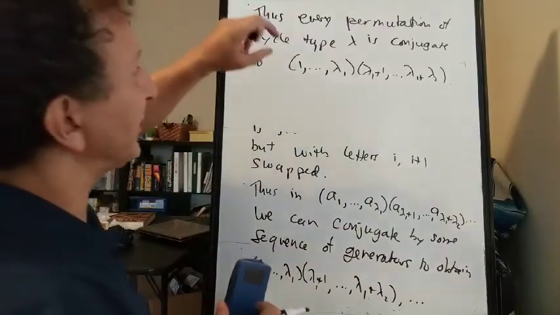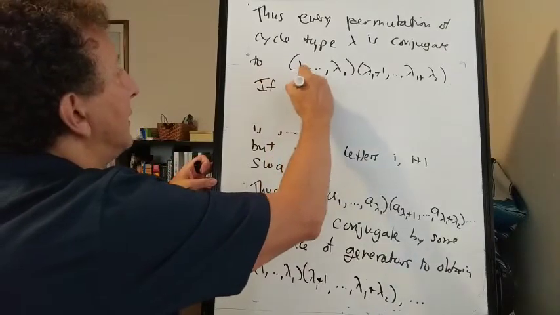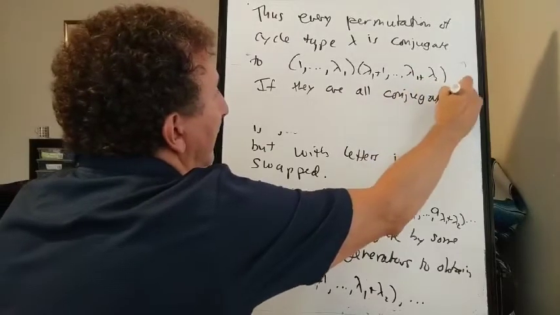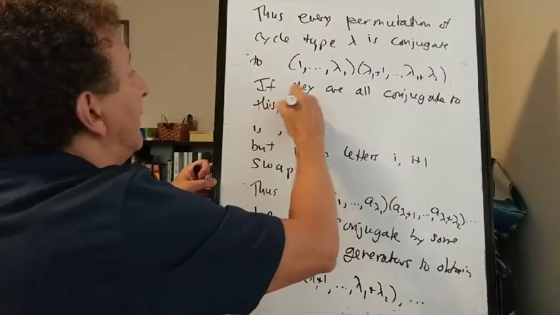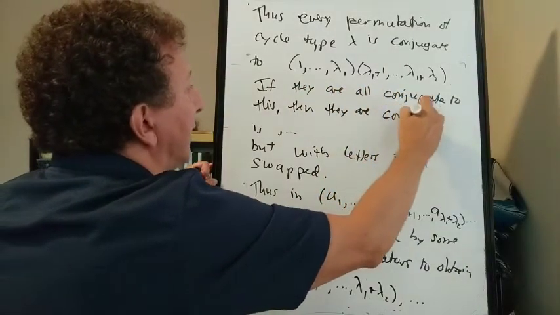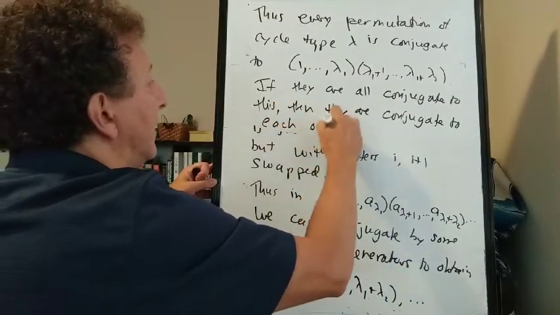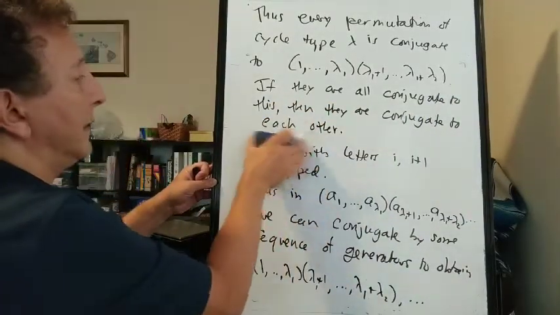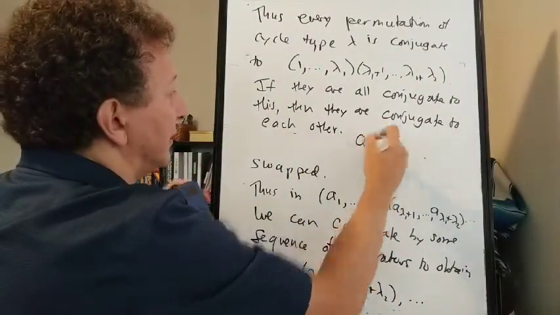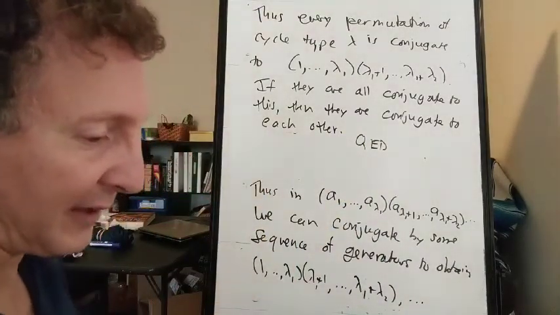And if they're all conjugate to this one, then they're all conjugate to each other. And that gives us the second part of the proof. So that means that the cycle type classes and the conjugacy classes are exactly the same.